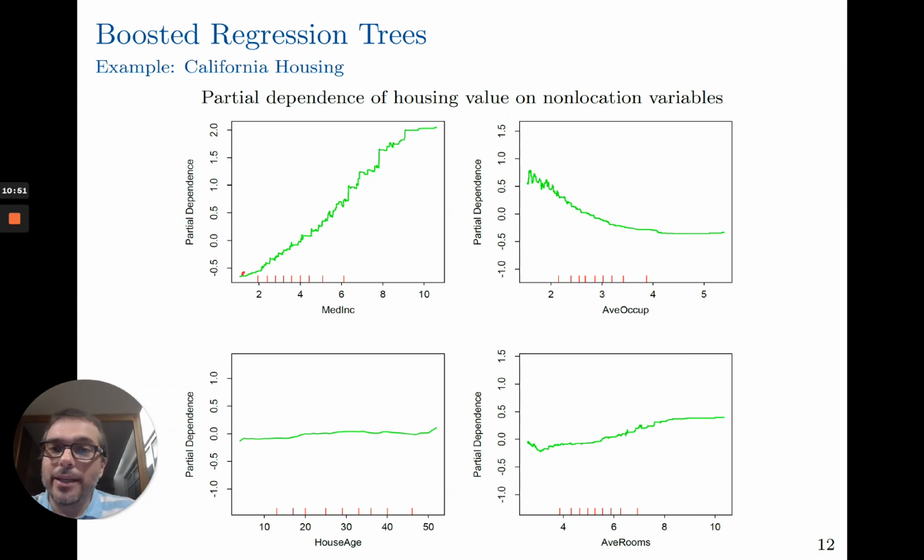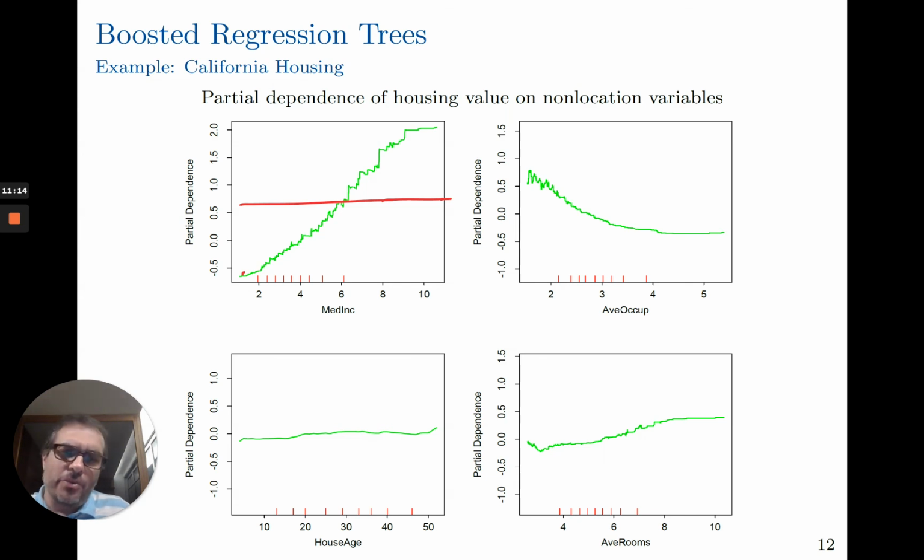Being a linear curve here does not mean that the relationship is linear. If it's a flat curve like this, then it means that the effect is linear, like the one for house age. That's small, a little bit below zero, but it's flat, so it's a linear relationship.